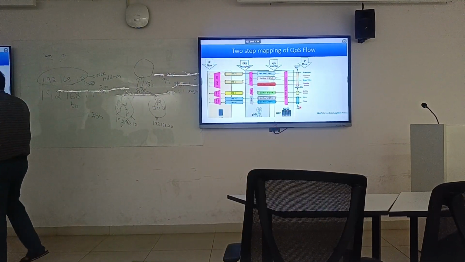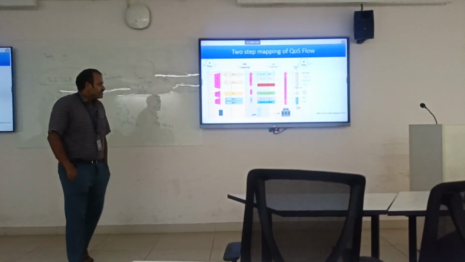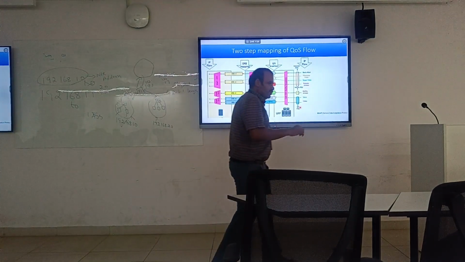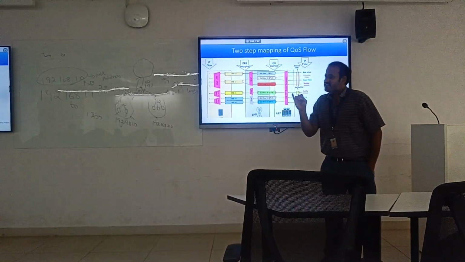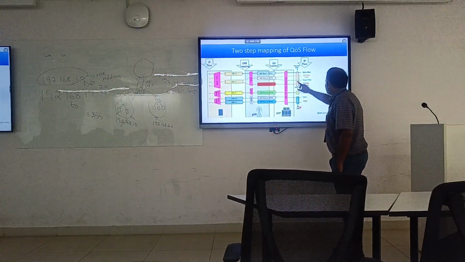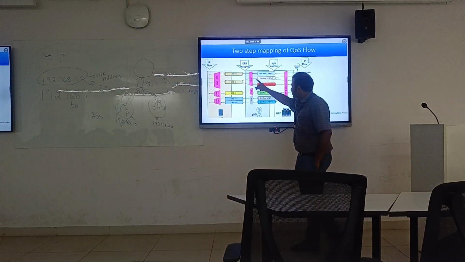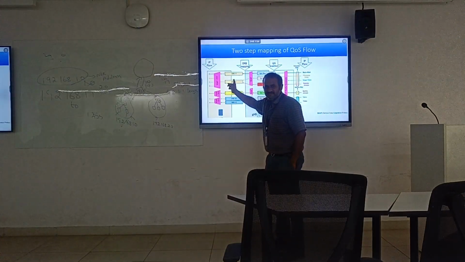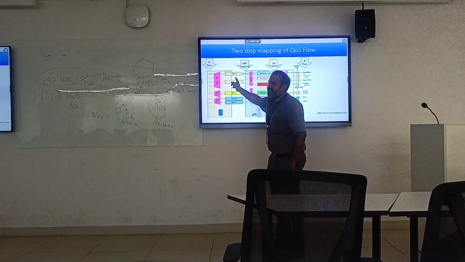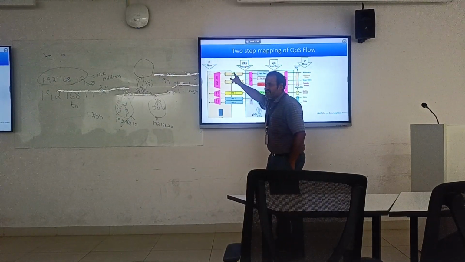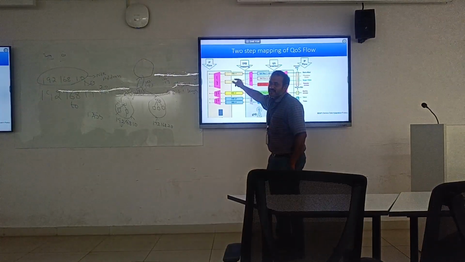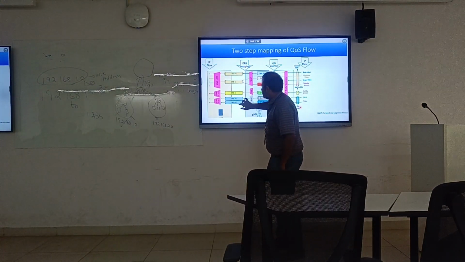Now, two-step mapping of QoS. Right? Okay. Now you understand. Okay. So you are able to understand what is QoS flow 1. Okay. And what is DRB? Data Radio Bearer. That is what you are seeing here.